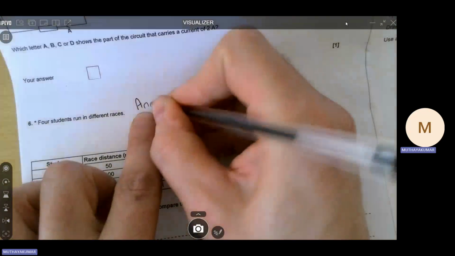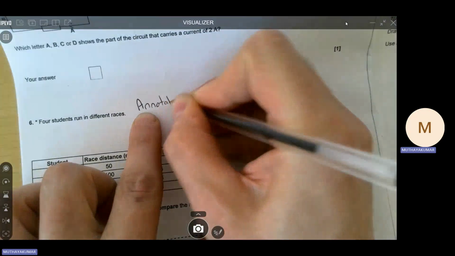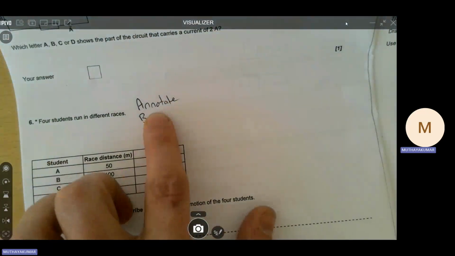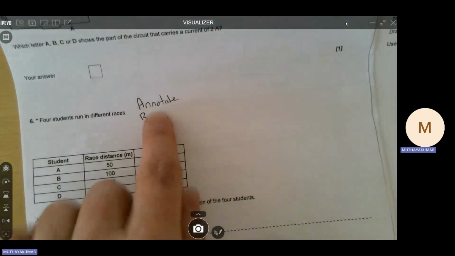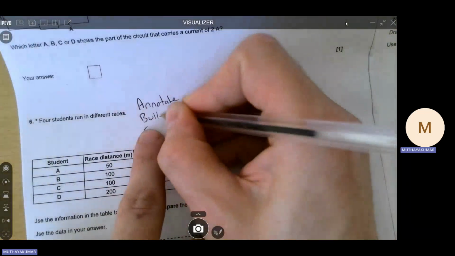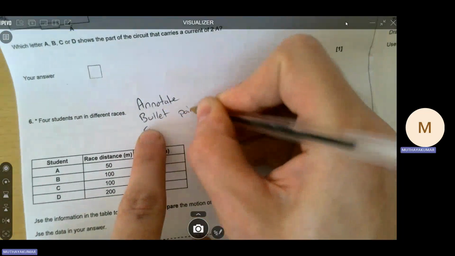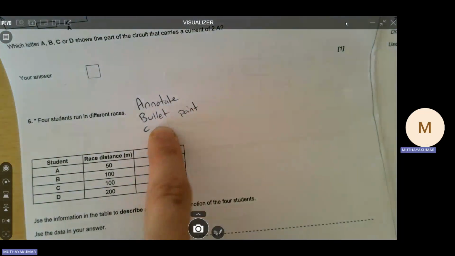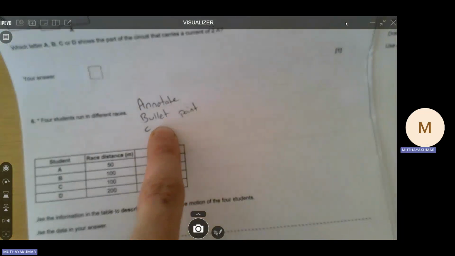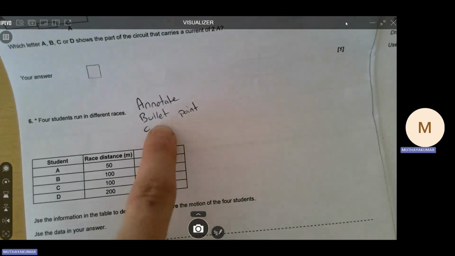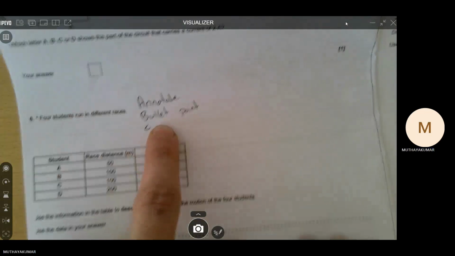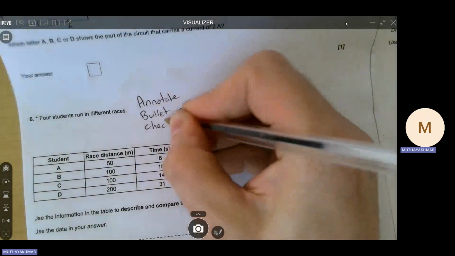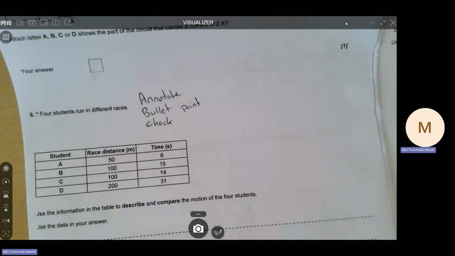Firstly, we're going to do A, which is to annotate the question with anything that's useful. Highlight the instructions, maybe make a few notes to ourselves. We're then going to bullet point our answer. The only requirement on 6 markers in terms of your writing is it makes sense. Bullet points are fine. And then finally, we're just going to check everything to make sure we've done everything we've been asked to do.